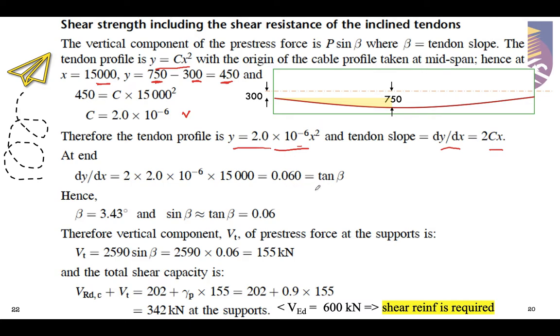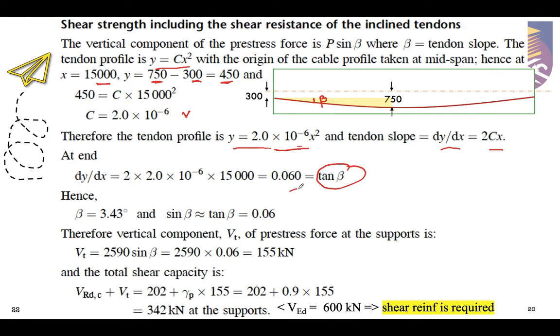This slope 0.06 is equal to tangent beta, whereas we are considering this slope here, and this slope is considered as the beta angle. Hence we have beta equals to 3.43 degrees.